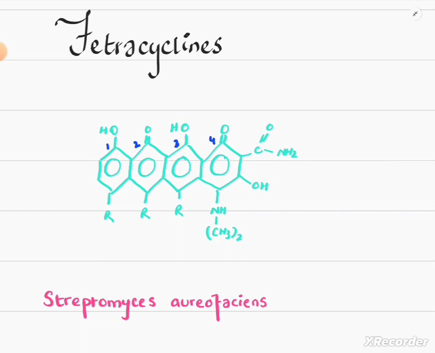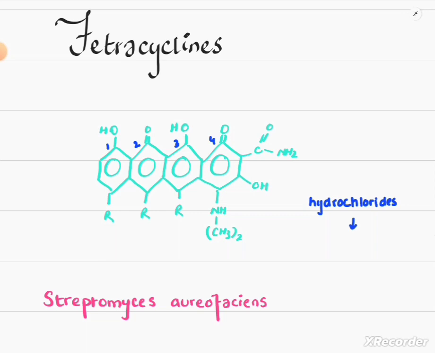Tetracyclines themselves are crystalline amphoteric substances which have a very low solubility, but they are available in the form of hydrochlorides which have good solubility as compared to the parent drugs. So this was a bit about the chemistry of tetracyclines.